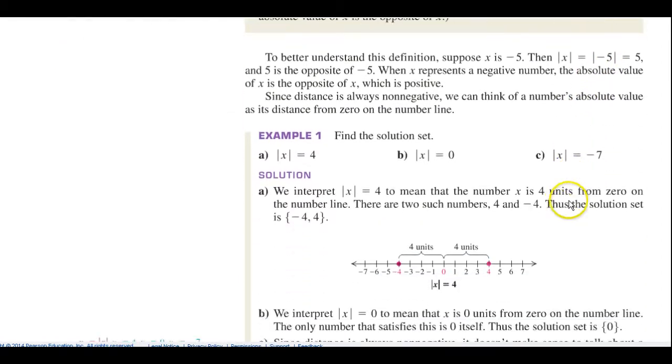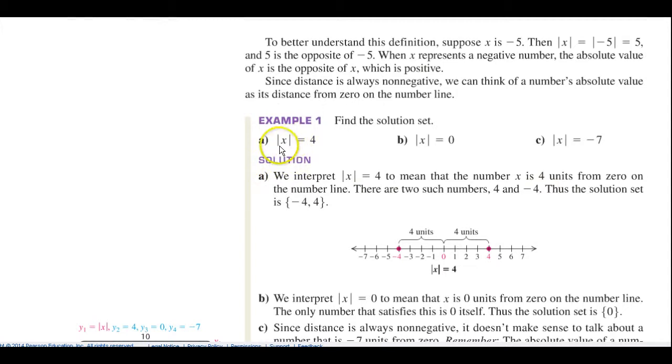So to do some easy examples, we have the absolute value of x equals 4. That's an equation. The absolute value of x equals 0. And the absolute value of x is -7.